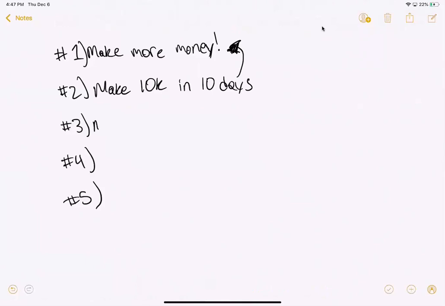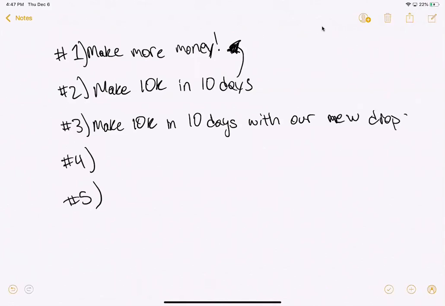Then number three would be make 10K in 10 days with our new drop shipping method, right? And you guys that have been in this industry for like 4 or 5 years, you've probably seen all of these claims happening. Make 10K in 10 days with our new drop shipping method.